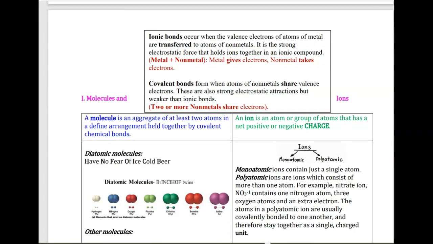So, ionic bond. An ionic bond occurs when the valence electrons of atoms of metal are transferred to atoms of nonmetals. And after electrons are transferred, there are no atoms anymore. There are ions.